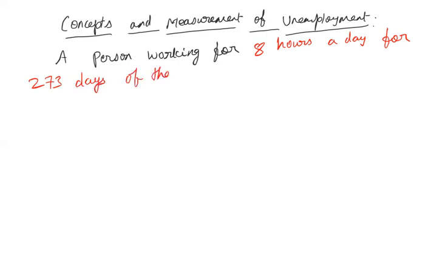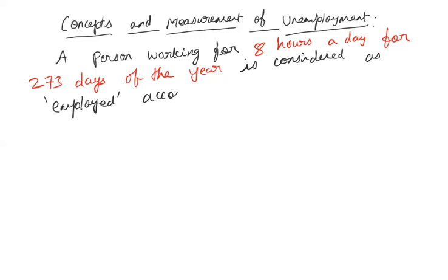This is regular employment. So this is the regular job and regular source of income. Eight hours a day for 273 days of the year is considered to be an employed person.